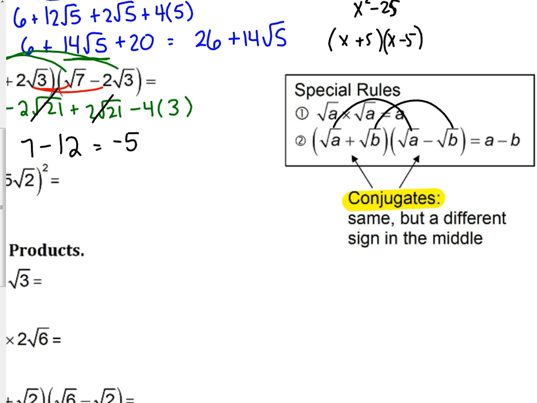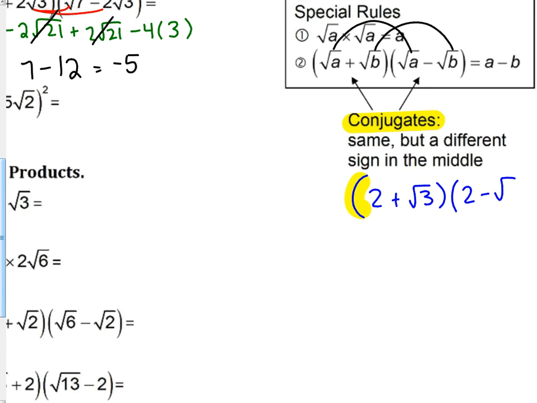So for example, if I had 2 plus root 3, what would be the conjugate to 2 plus root 3? 2 minus root 3. Good. And these are so important because when we want to rationalize our denominator, we're going to be using this, because the difference of squares eliminates any square root.